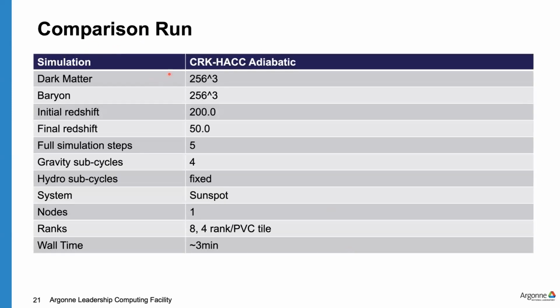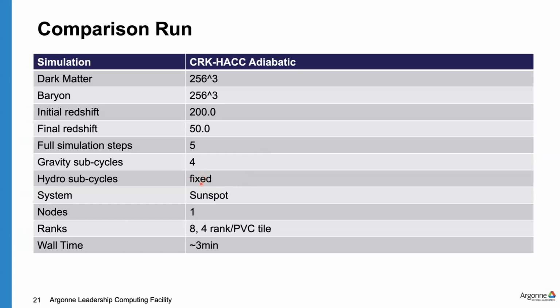This is a comparison run that we set up. It's 256 cubed particles for both dark matter and baryons. It starts at Z of 200 and ends at Z of 50, which is still very early universe. It's 5 simulation steps, 4 subcycles, and if you remember from one of my first slides, this is not very many steps compared to what we would use in production, but it captures the characteristic computation well enough for us to understand performance.